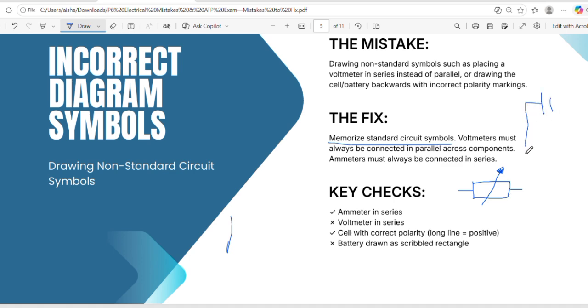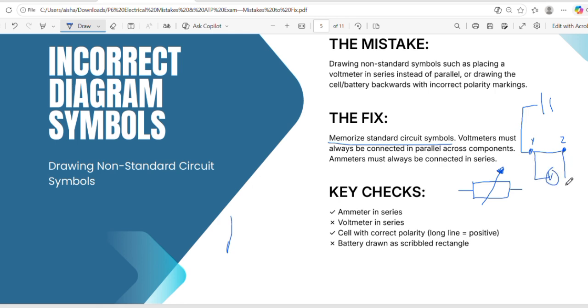if you have for example point Y and then point Z, this is just an example, and you want to measure the voltage going past, you always connect the voltmeter in parallel.